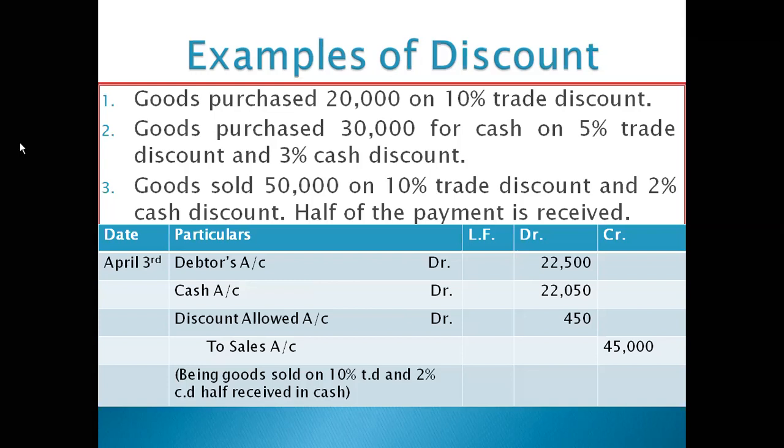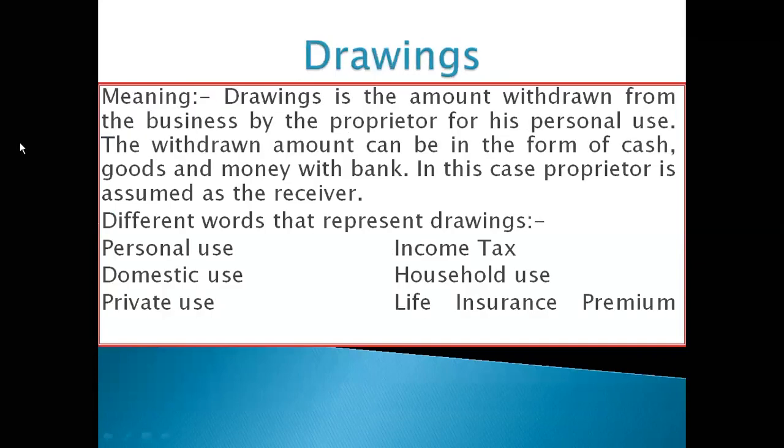Here, the amount is recorded as 22,050 because 2% cash discount is allowed only on the cash paid, that is 22,500. And the discount amounts to 450, and the cash paid by the debtor is 22,050. So the last is to sales account, that is 45,000, the total sales made. So the narration would be being goods sold on 10% trade discount and 2% cash discount, and half amount is received in cash. So next is drawings.